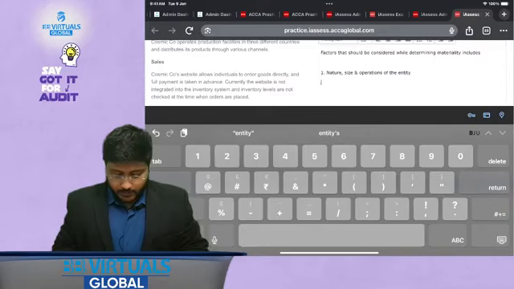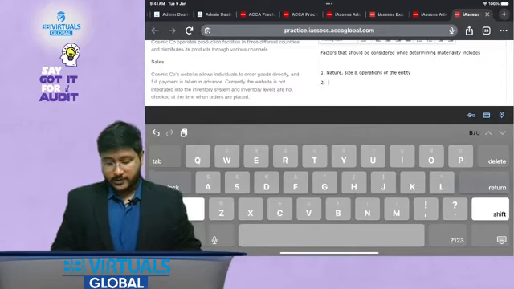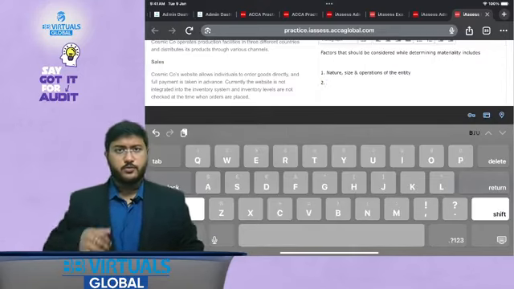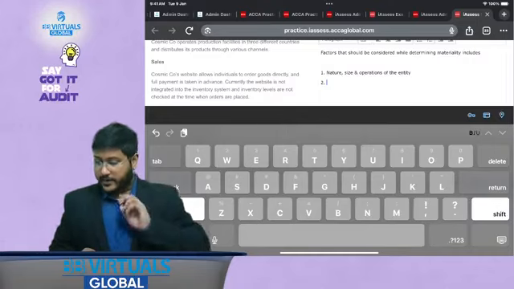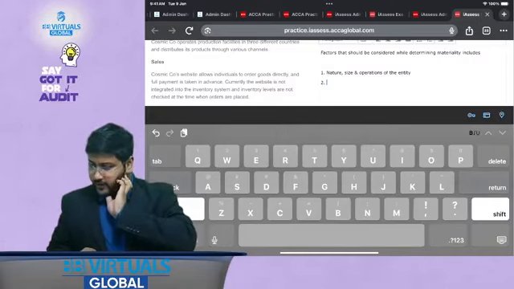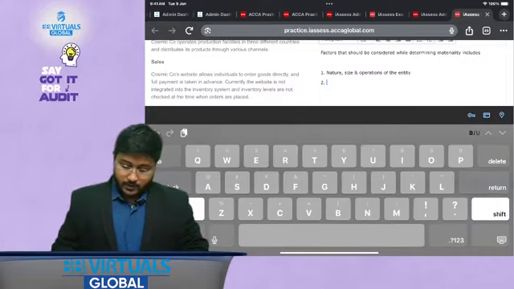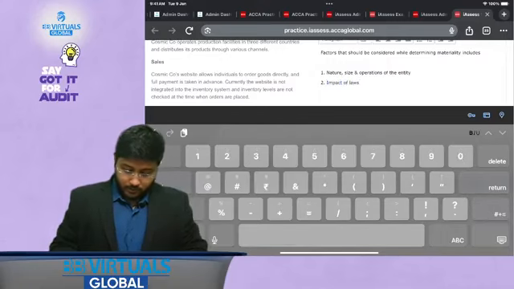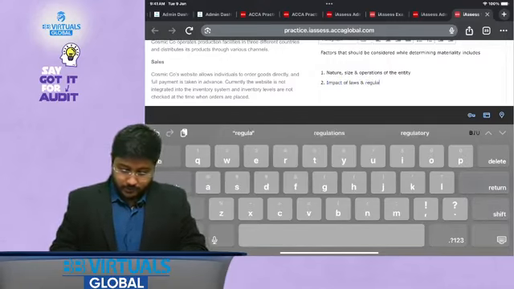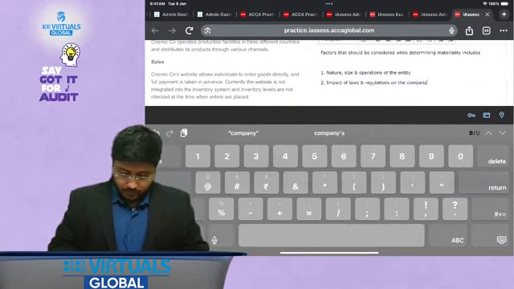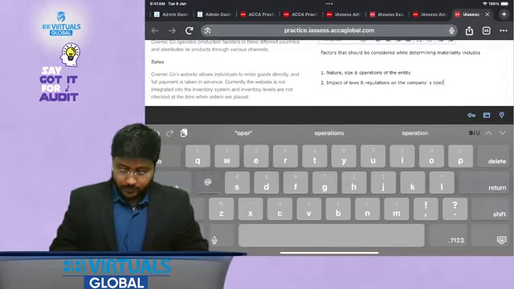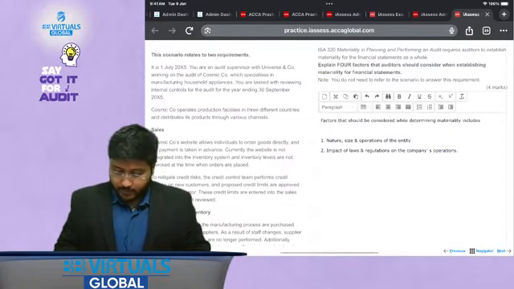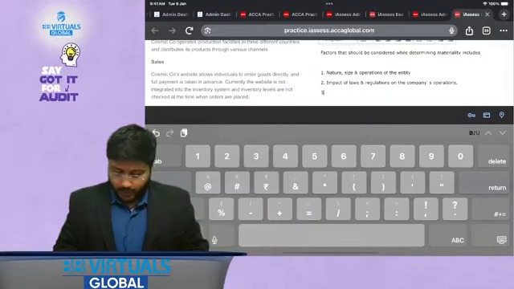Okay, so the more complex the nature, size and business of the company, the bigger the risk, the lower would be the materiality. We'll have to understand everything. Okay, impact of laws and regulations on the company's operations. So higher would be the impact, lower would be the materiality, and vice versa.